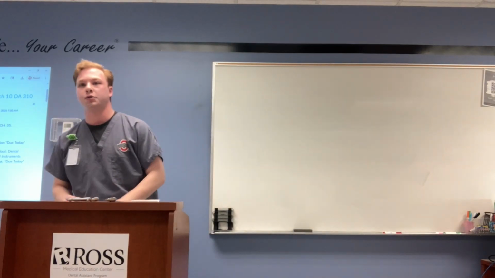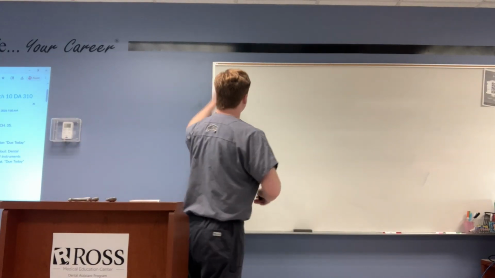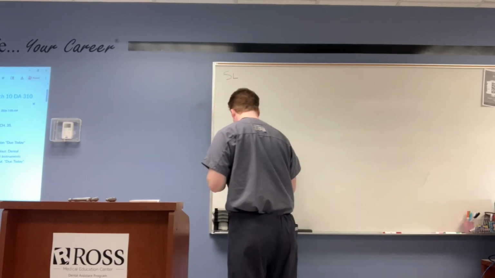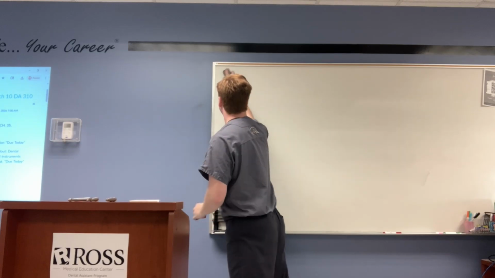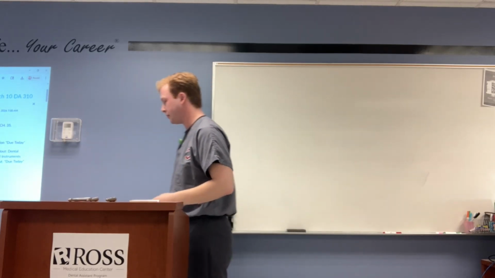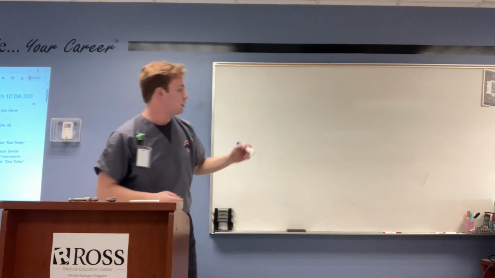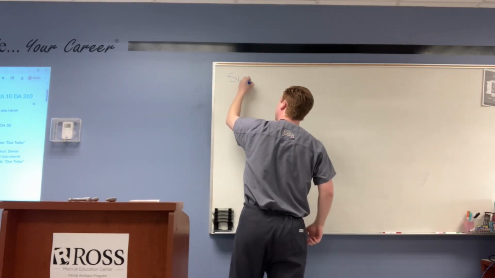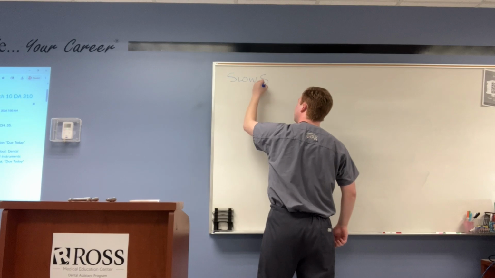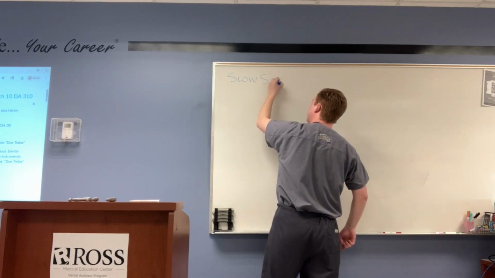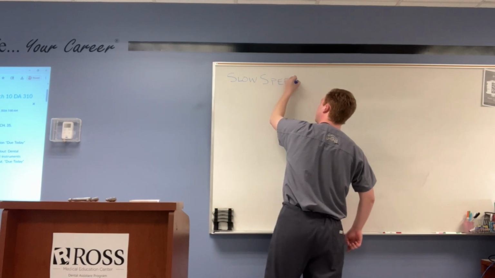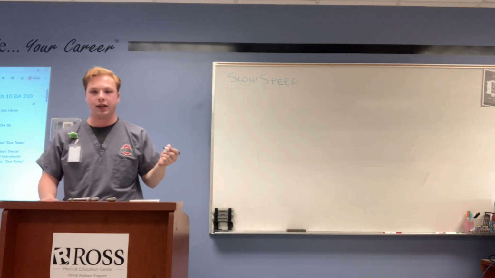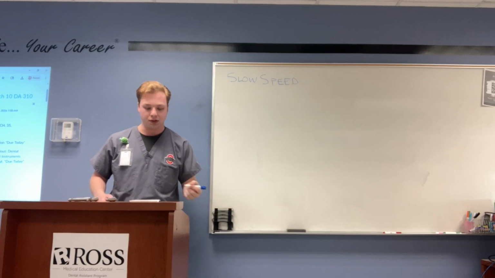Let's take a look at the slow speed first. The slow speed handpiece. So we want to talk about what is the slow speed handpiece, what are the uses of it.